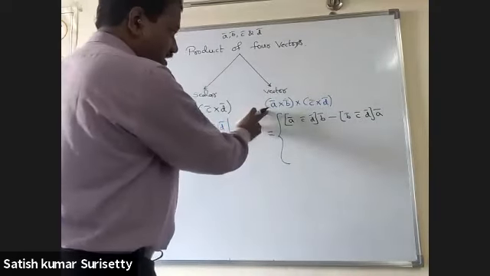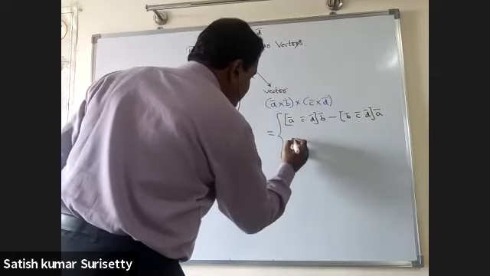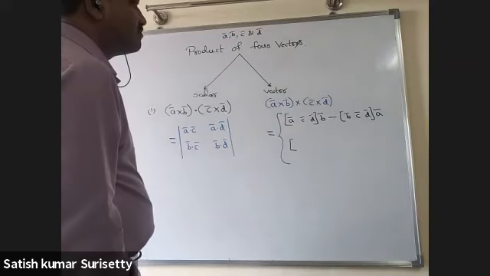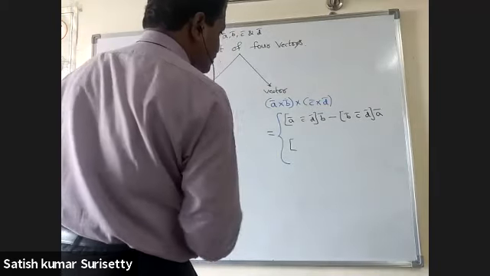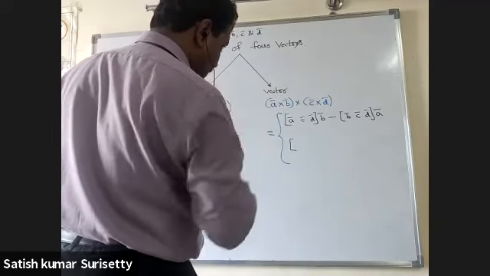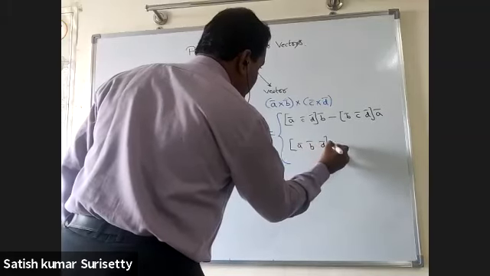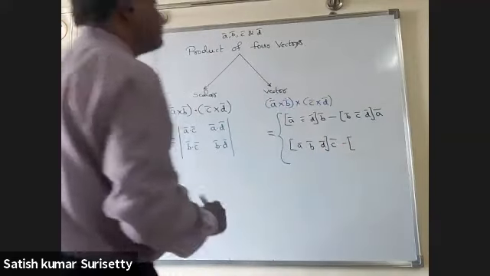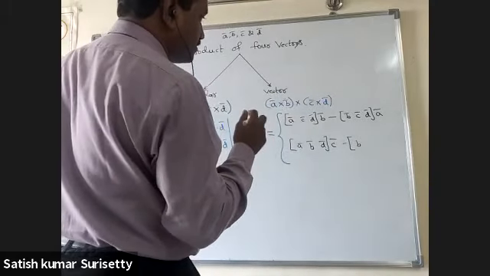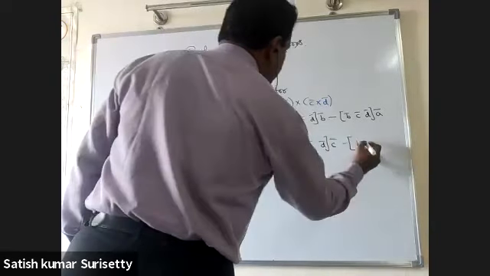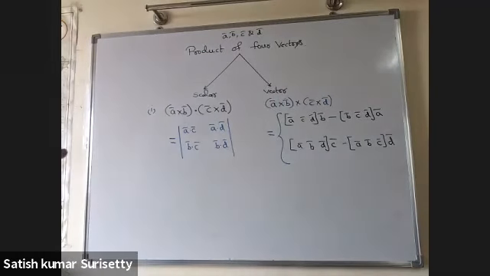In the same manner, it is possible to express a linear combination in terms of C bar and D bar also: A bar, B bar, D bar into C bar minus A bar, B bar, C bar into D bar. Try to derive both.